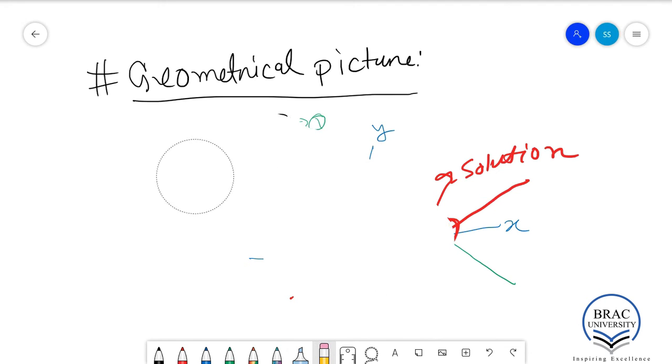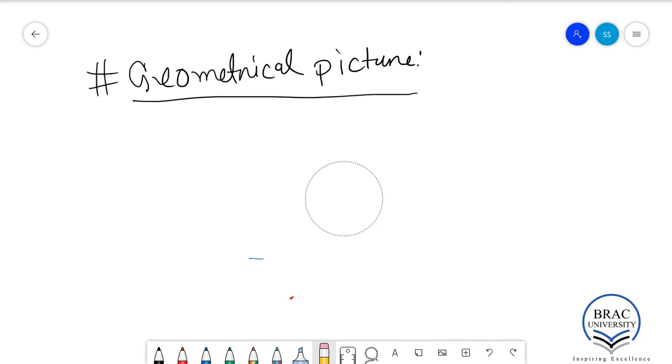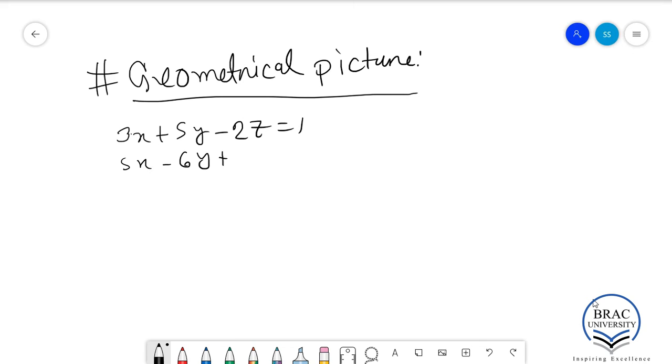Let's try to see another picture, and that picture will consist of three equations. Let's say you have 3x plus 5y minus 2z equals 1, 5x minus 6y plus 3z equals 2, and 3x minus 15y minus z equals, let's say, minus 5.